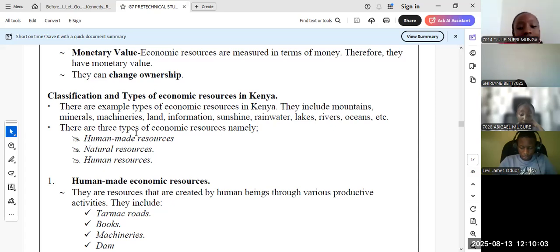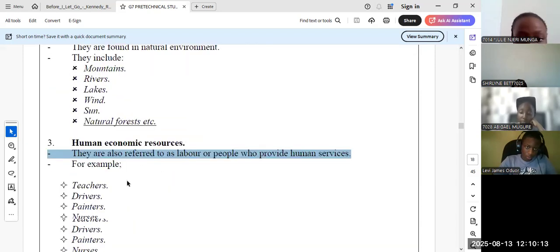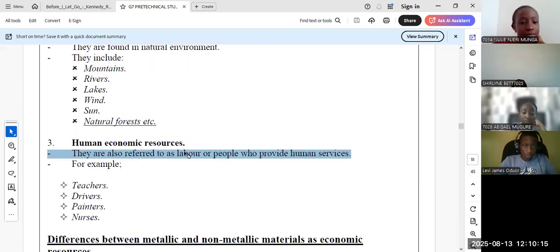We have human-made economic resources, we have natural resources, and we have human resources. Don't confuse the 3. Human economic resources, these are the labor, the people who provide services like teachers, drivers, painters.